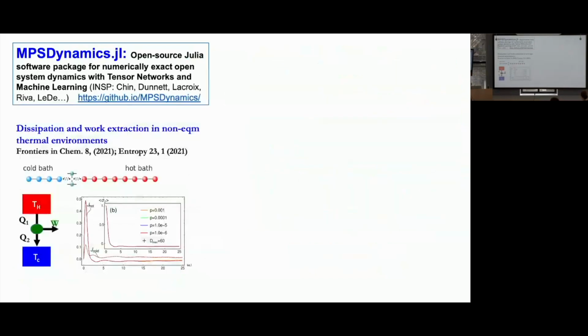So that's just to give you an idea of our thinking about what we can get out of the environmental parts of this approach to open system dynamics. Everything I've shown you and will show you has, over the last couple of years, been added to this Julia package, which is freely available.